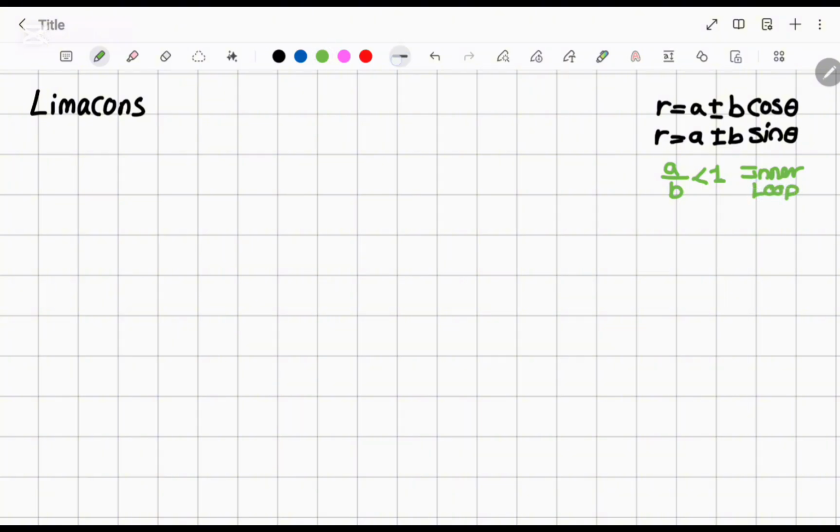It looks like this, or the other way around, if you flip it 180 degrees or 90 degrees.